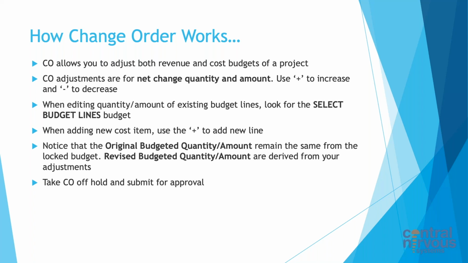Change order adjustments are for net change. So we're doing this for the net change quantity and amount. We use a positive number to increase and a negative number to decrease. If we're dropping down a quantity or dropping down a dollar value of what we initially budgeted, and there's a change, we're not going to be doing a section of the work or whatever has been agreed upon, then we want to do a minus.